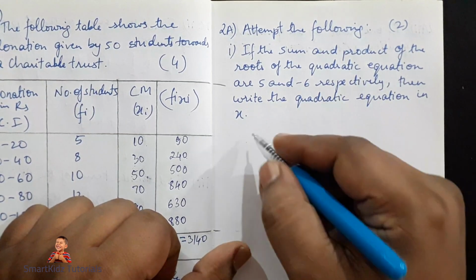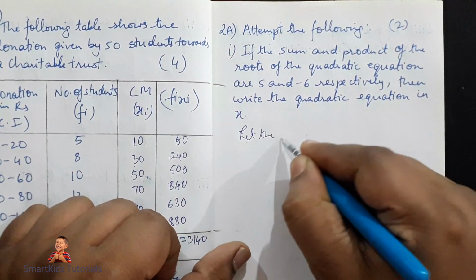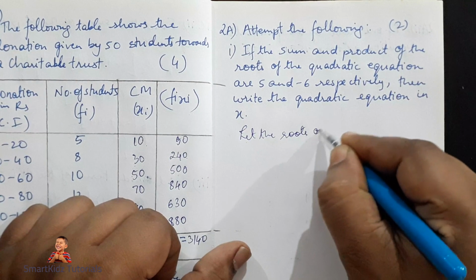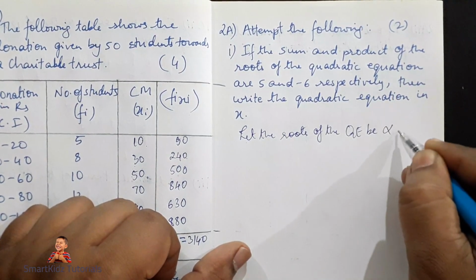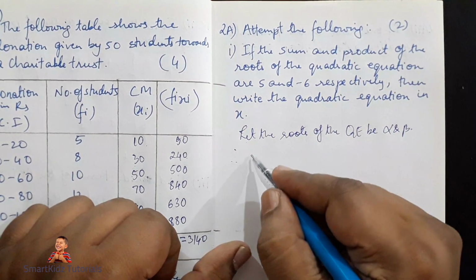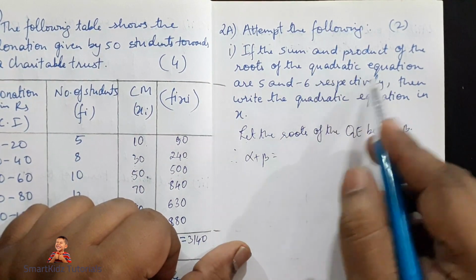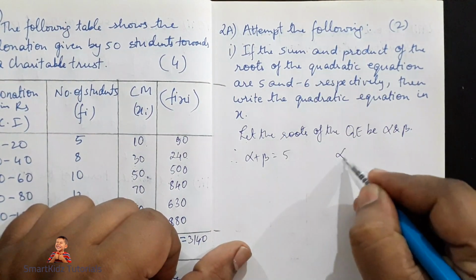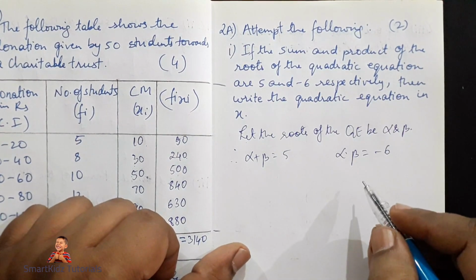Let the roots of the quadratic equation be alpha and beta. Therefore you can say alpha plus beta is given as 5 and alpha into beta is given as minus 6 to us.